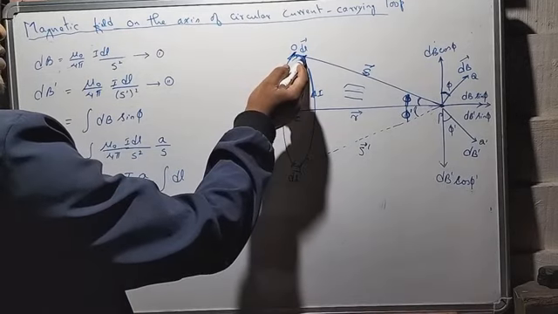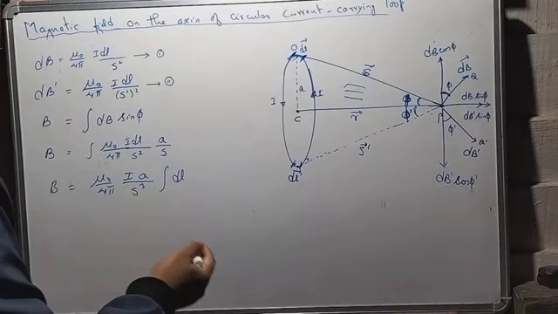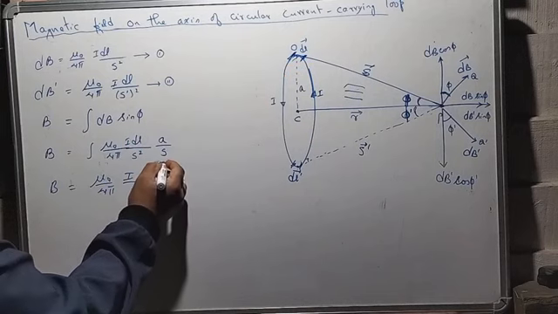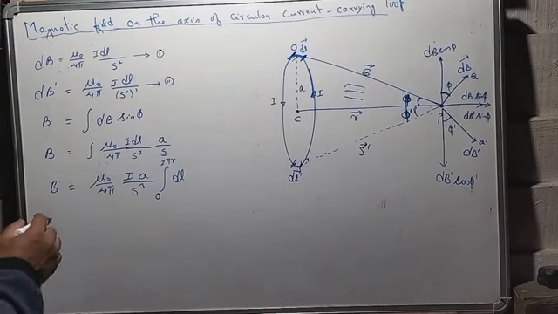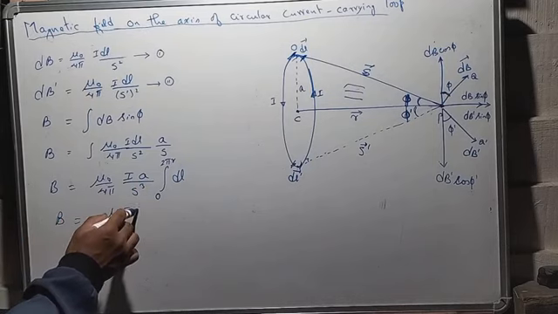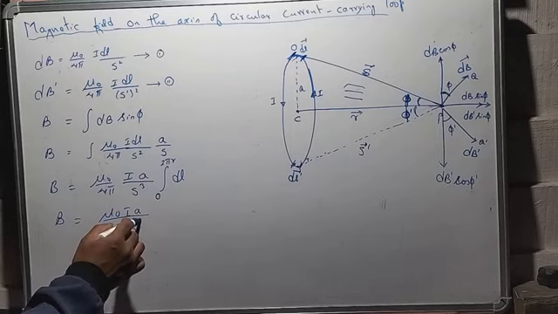When I say dl, it means you are integrating over the circular loop. So for that, the limit goes from 0 to 2 pi r. So B is equal to mu naught I a upon 4 pi s cubed.